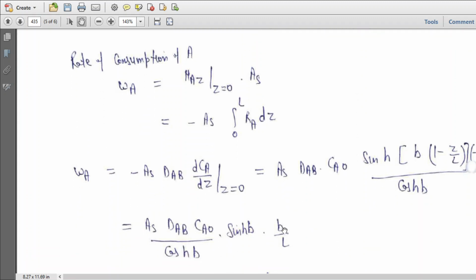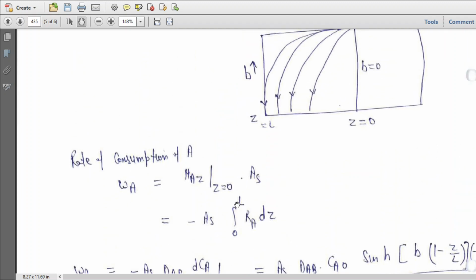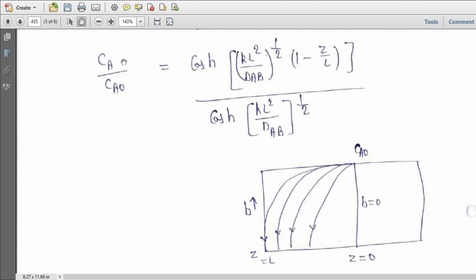So you have already that W equals minus A times dAB dCa upon dz at Z equal to 0. Now you have the equation of Ca, and this equation can be differentiated with respect to Z. This is nothing complicated.